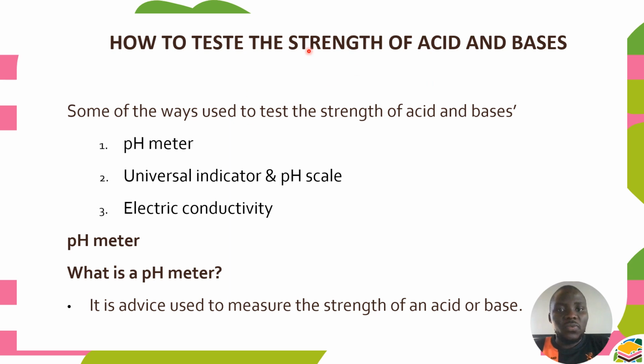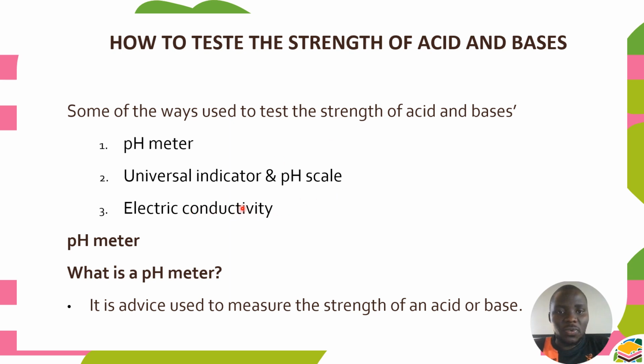So now we'll go back to how we can determine the strength of an acid and base. That's why here we're saying how to test the strength of an acid and a base. Some of the ways we use to test the strength of an acid and base are as follows. We use a pH meter, a universal indicator and a pH scale, and electric conductivity.